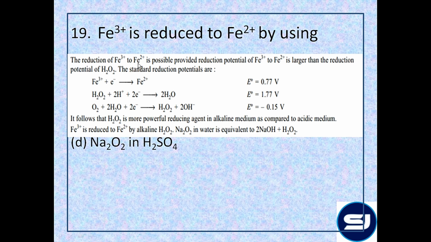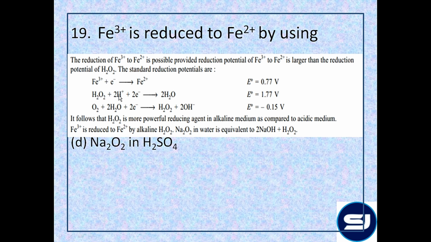The reduction of ferric to ferrous is possible provided the reduction potential of ferric to ferrous is larger than the reduction potential of peroxide. To understand this, we need to understand the standard reduction potential values. Ferric reduces to ferrous with the SRP value of 0.77 volt.